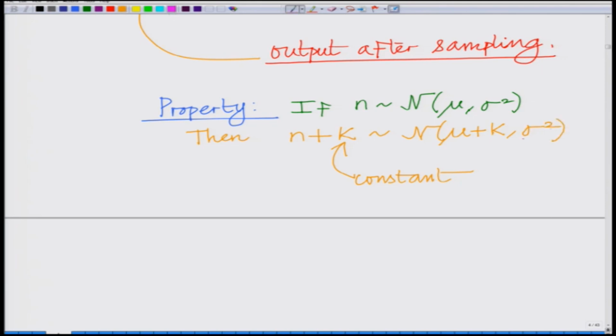This is an important property, because remember, variance is related to the spread of the Gaussian random variable.